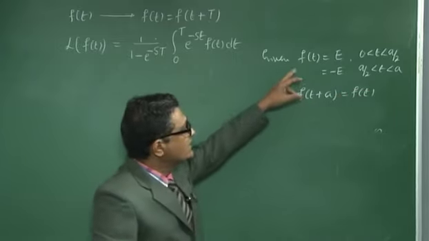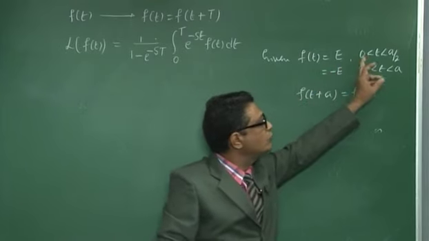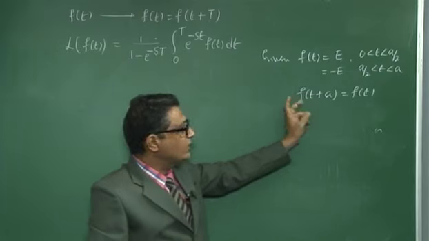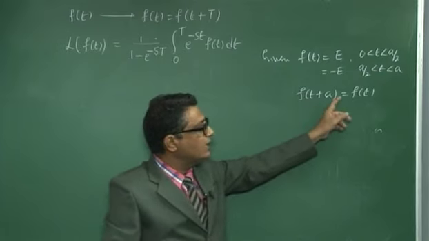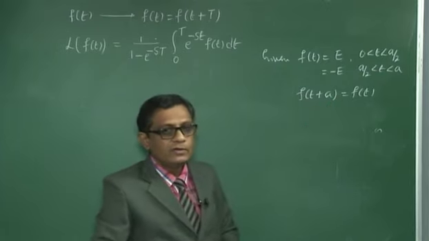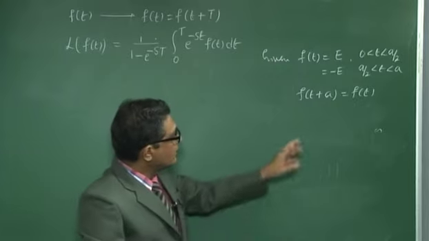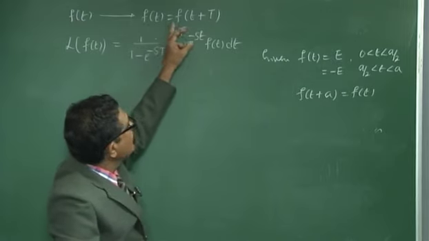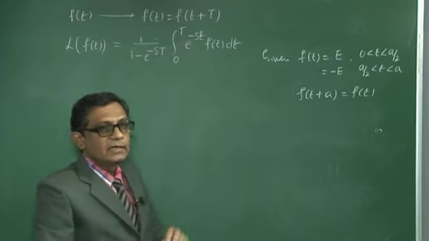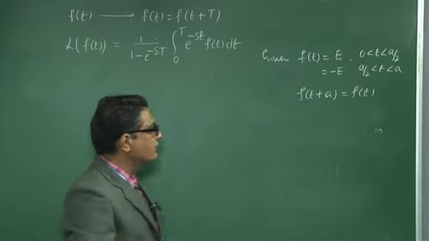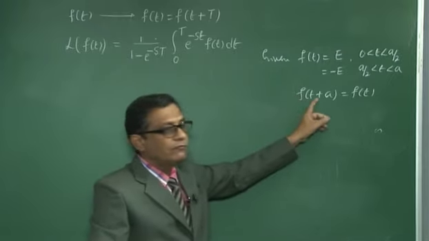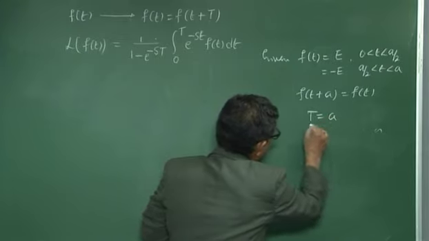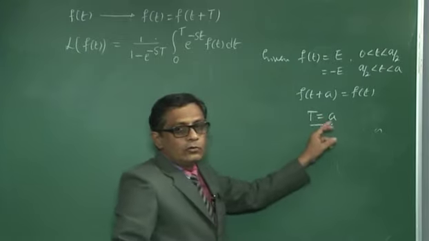If you compare this with f of t equal to f of t plus capital T, it means the function is a periodic function with period T equal to a.